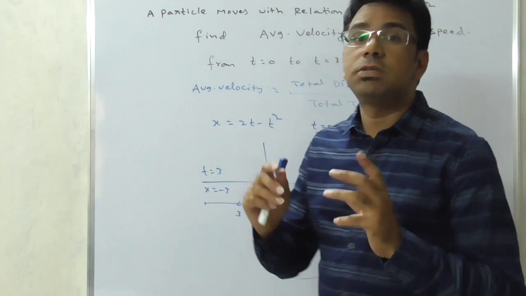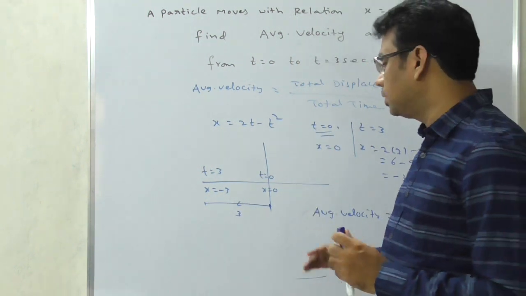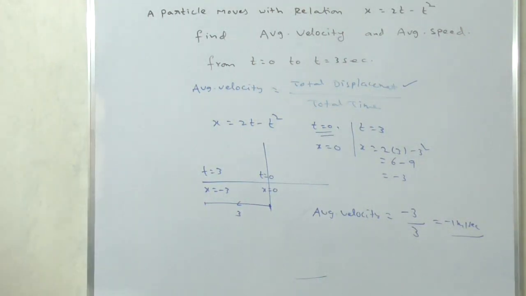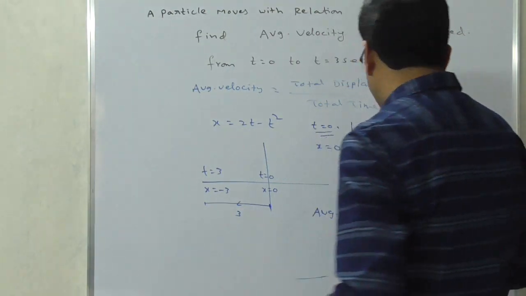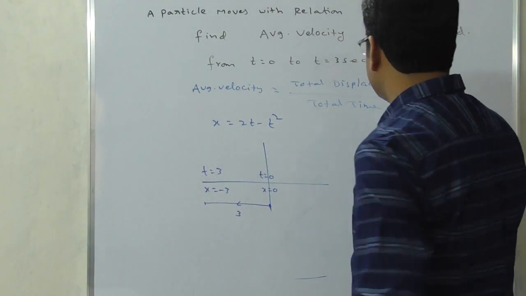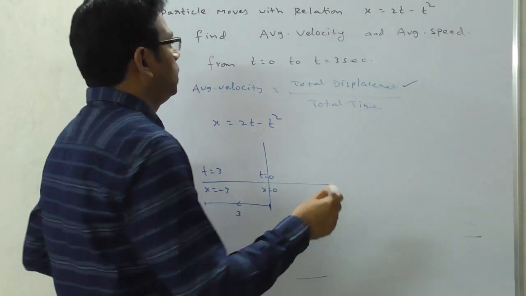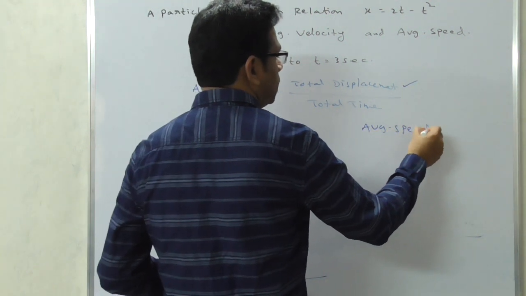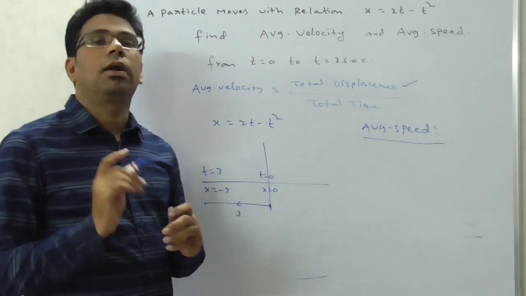So for average speed, it's a very important thing. First you have to get clarity about the position of the particle. So how to get that? Observe here. To find average speed, first you have to check whether the particle takes a turn or not.